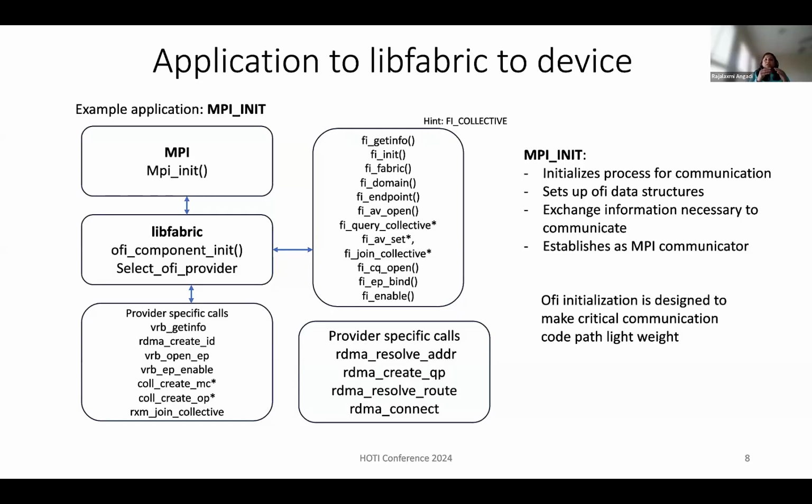So for FI connect or FI open, it will ultimately resolve into RDMA connect, RDMA resolve route, RDMA create endpoint and things like that. So this is the very high level view of the flow, if anybody wants to understand what's happening there, how Libfabric is getting used, and what APIs are getting called.